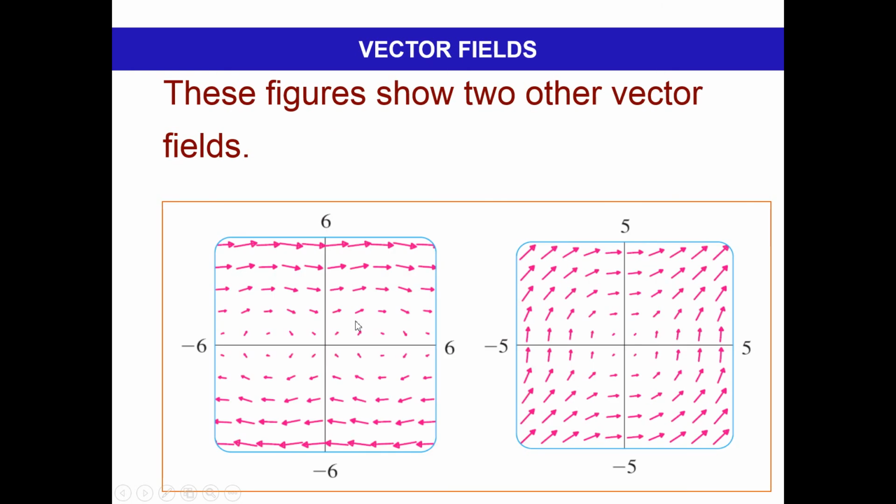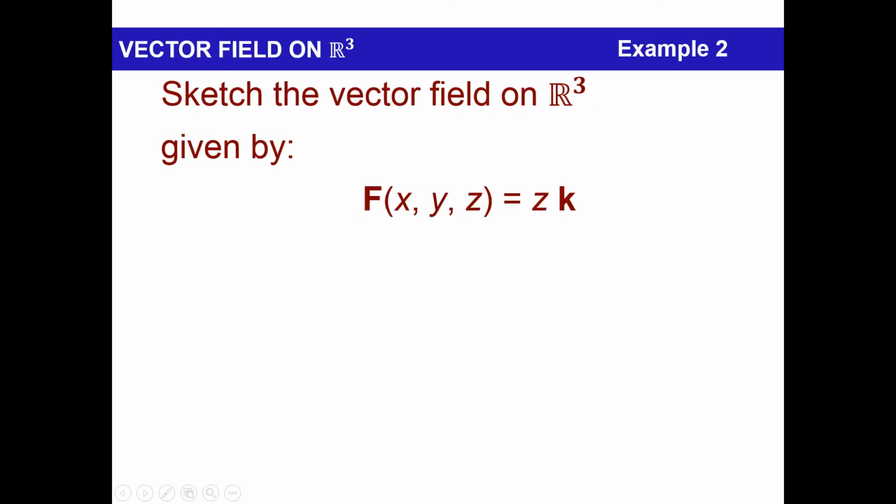So there are a few more examples of computer generated vector fields, and here is a vector field in R cube given by F(x,y,z) is equal to zk, and we are required to sketch this.